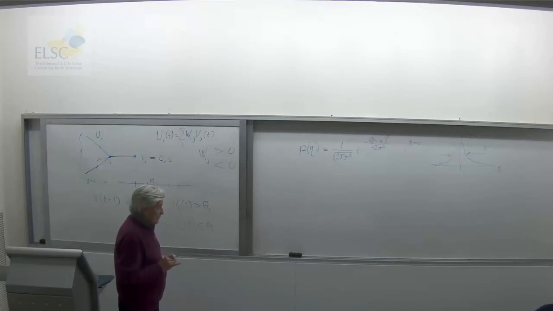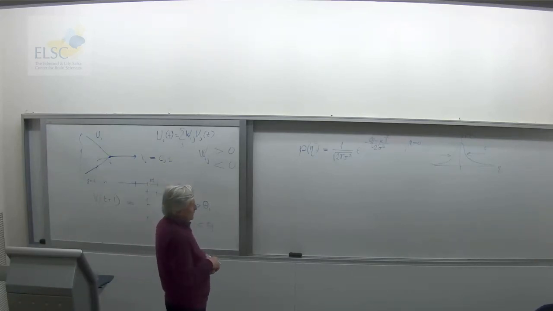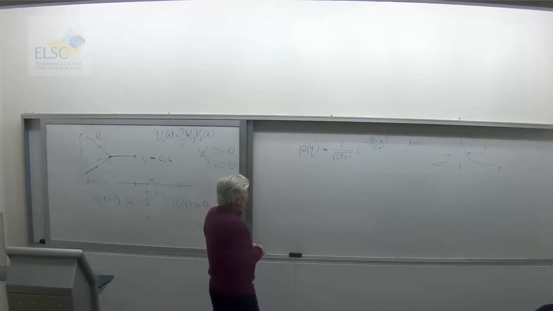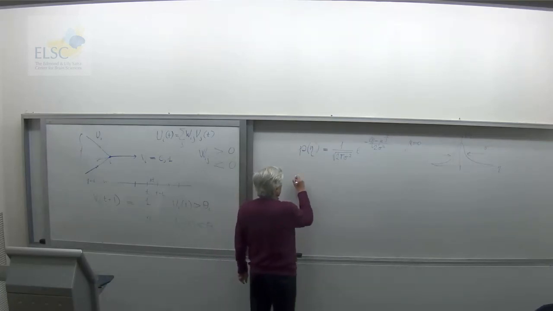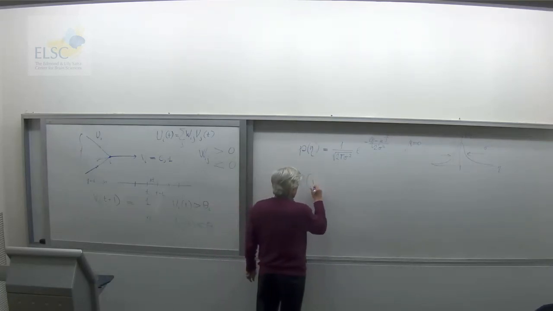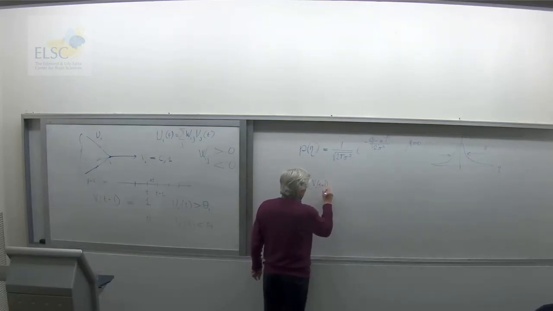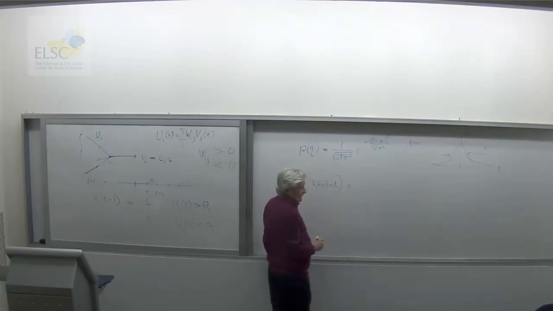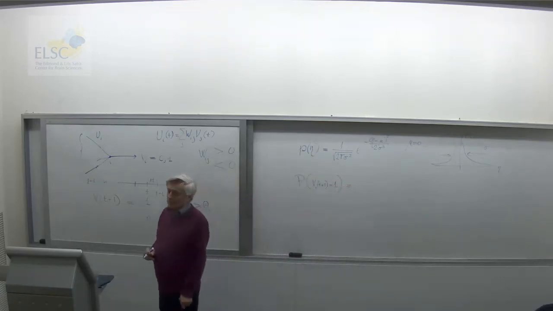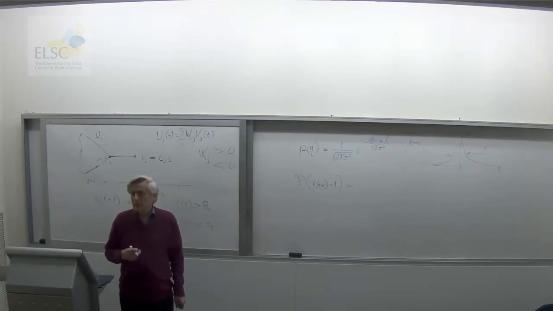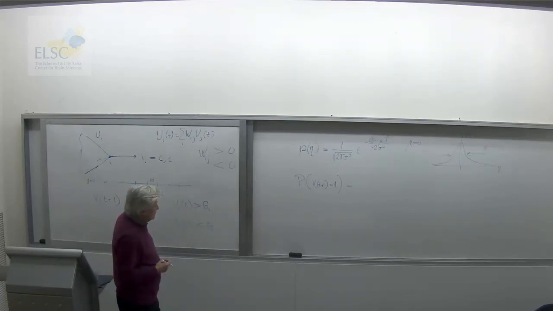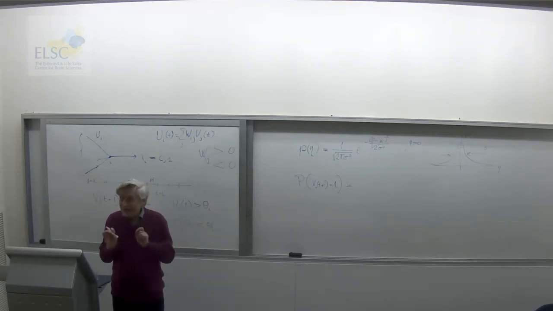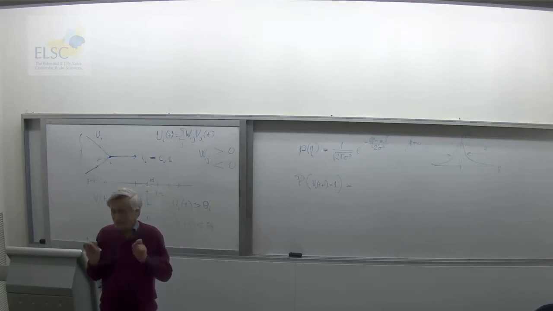And this single neuron, so what is now the probability that Vi at t plus 1 will be equal to 1? And that probability is equal or bigger? Sorry? Equal or bigger? No, equal. Vi is only 1.